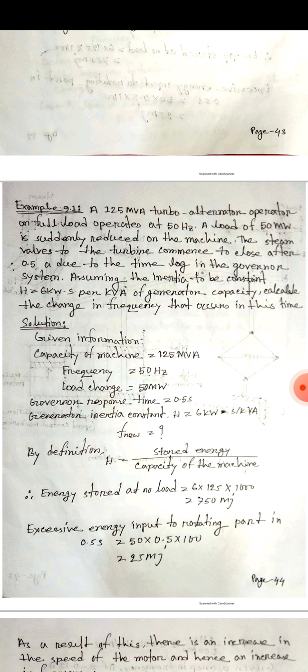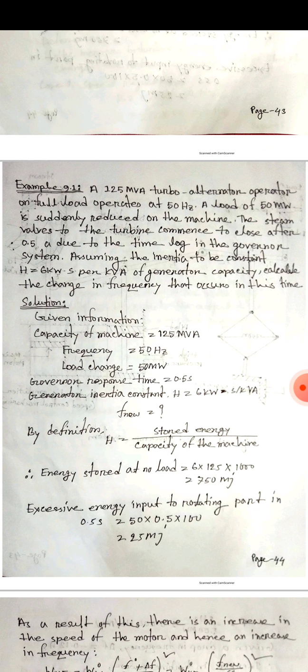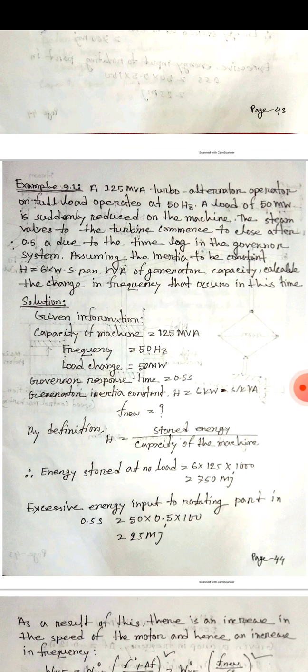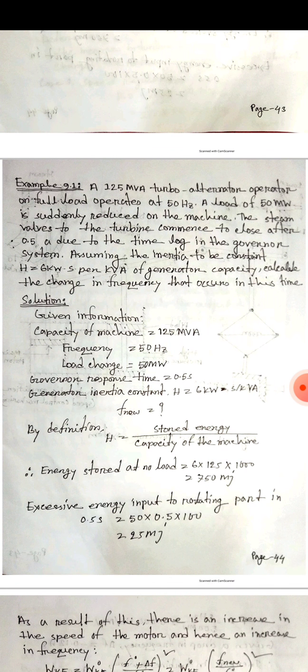The valve to the turbine commences to close after 0.5 second due to the time lag in the governor system. Assume the inertia constant is equal to 6 kW per kVA generation capacity.